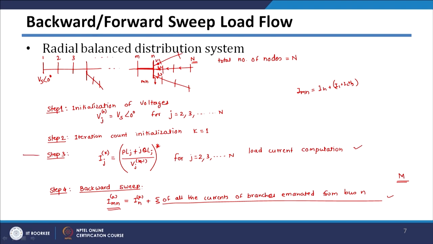So, again we will calculate, using the voltages at the k minus 1th iteration, the earlier iteration, the load current at each bus, and then we will calculate branch currents by going backward towards the source node. We will calculate currents in each branch by adding these.